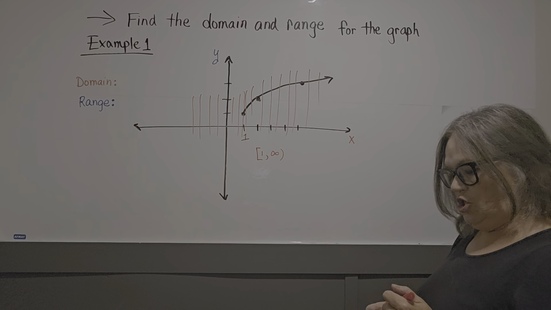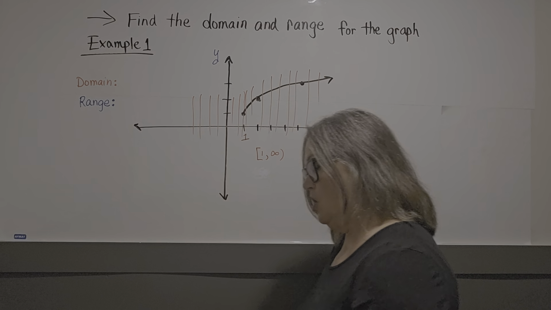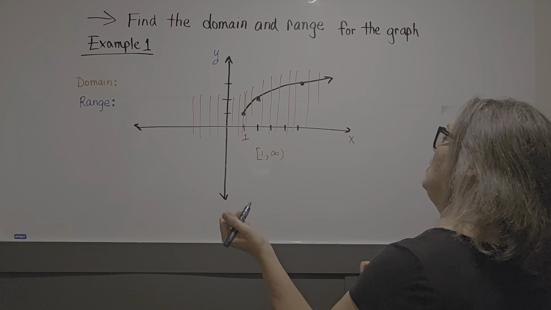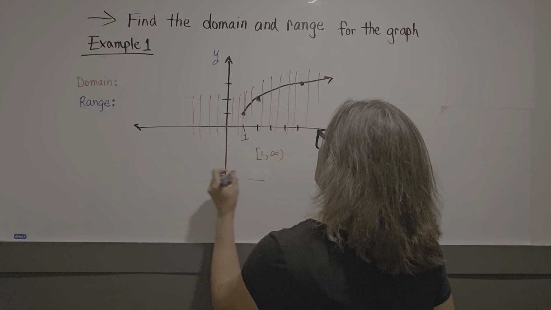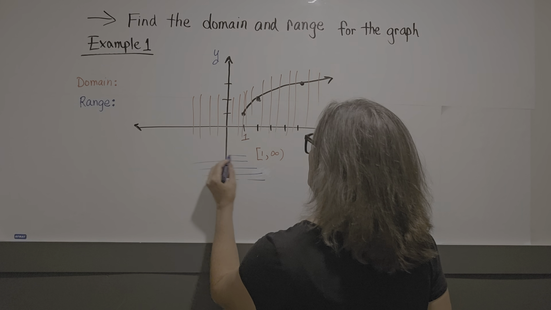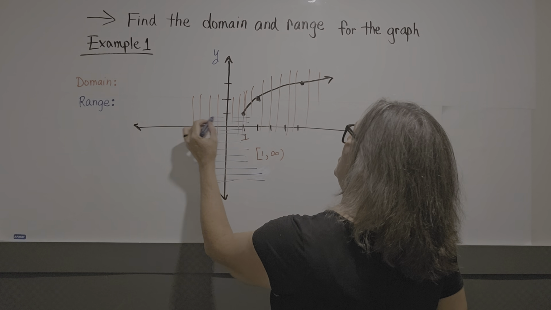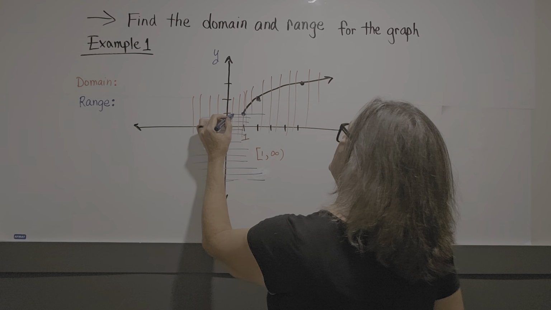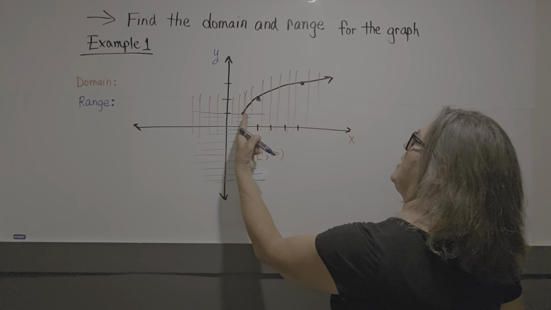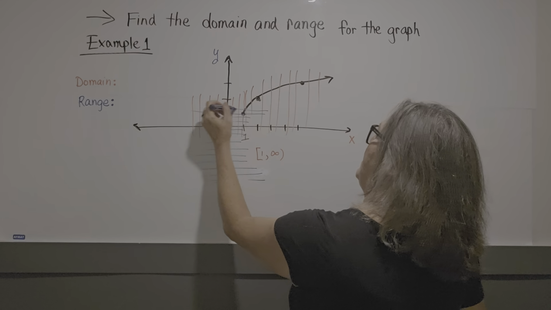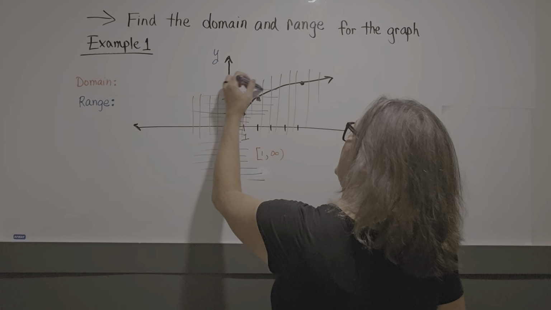Now for the range, we're looking at y values. So we are going to draw horizontal lines, and you can do this maybe on your paper, or if you're looking at the computer, just imagine in your mind. Aha, right here, my first horizontal line hits the graph, and then it keeps hitting it forever as I go up.